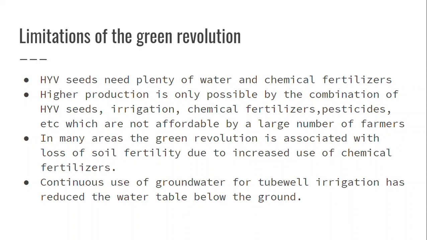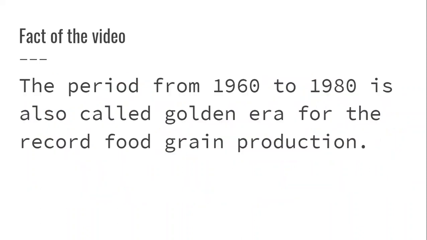Like I said, HYV seeds need plenty of water and also chemical fertilizers, and this caused the depletion of the water table below the ground. And the fact of this video is the period from 1960 to 1980 is called the golden era for record food production. It's also the green revolution era. But golden era sounds really cool, so yeah.